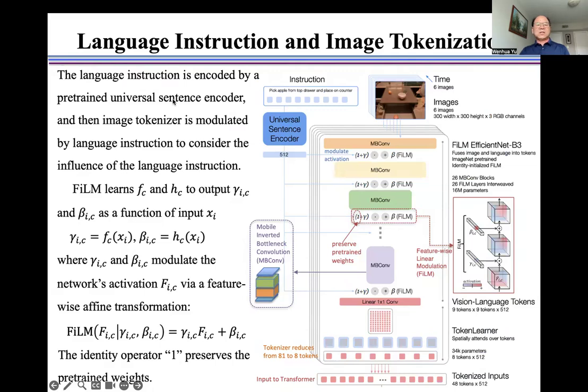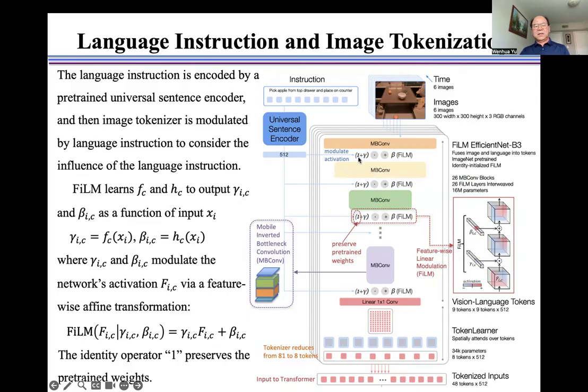The language instruction is encoded by a pre-trained universal sentence encoder, as shown here. This language instruction, this universal sentence encoder. And then the image tokenizer is modulated by the language instruction to consider the influence of the language instruction, as shown here.